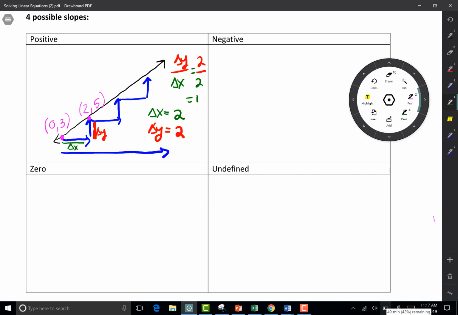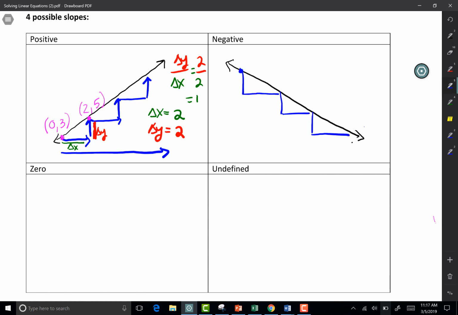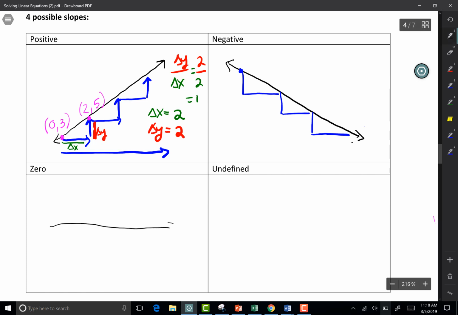Now, if I had a negative slope, then that means it's going down looking at it left to right. If I had a slope of 0, that means my line is horizontal. That also means that my change in y is going to be 0.